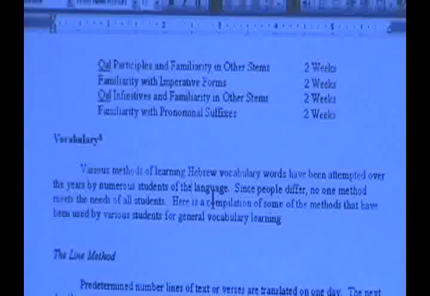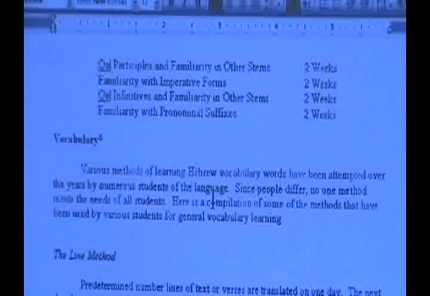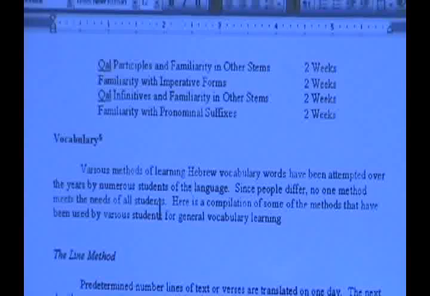Meaning that you're almost always going to bump into something that you don't remember. If it took you 10 times to bump into it before you remember it, and you're reading your Hebrew Bible through, how long would it take you to remember it? Quite a few times, right?